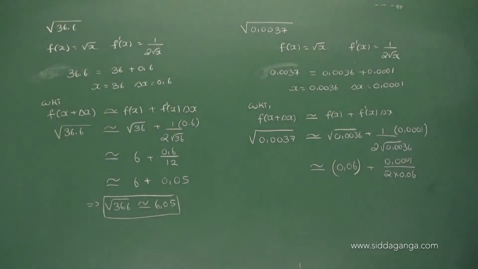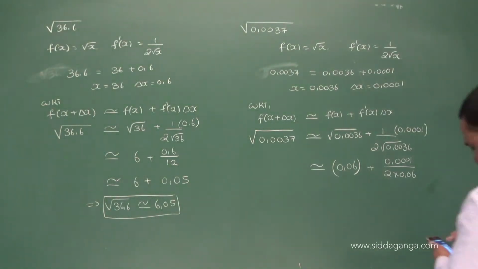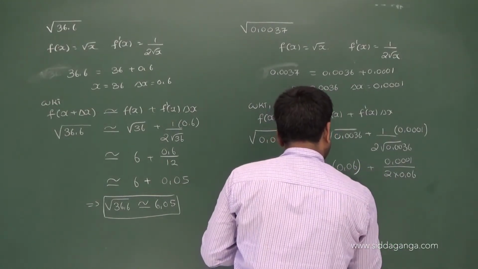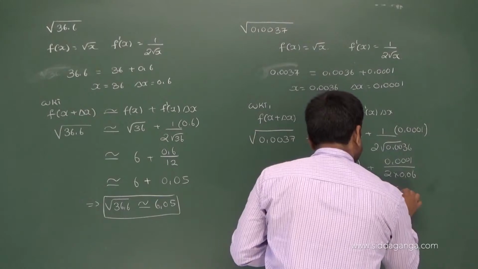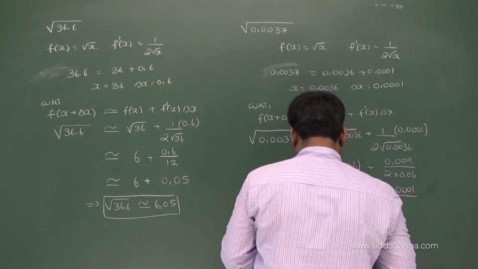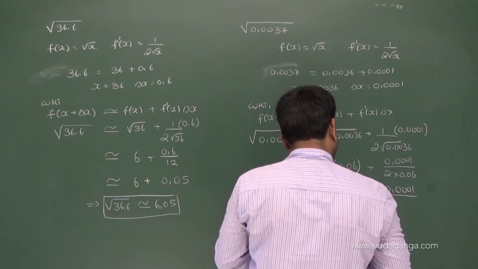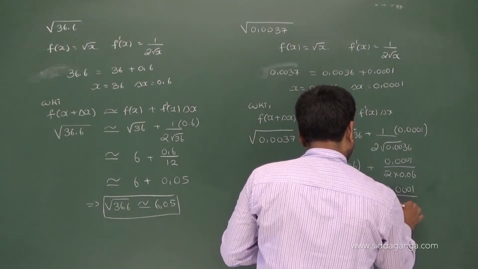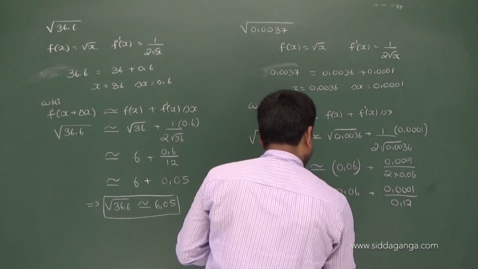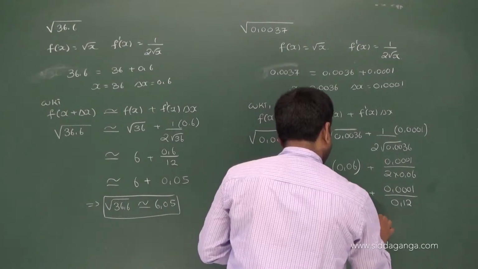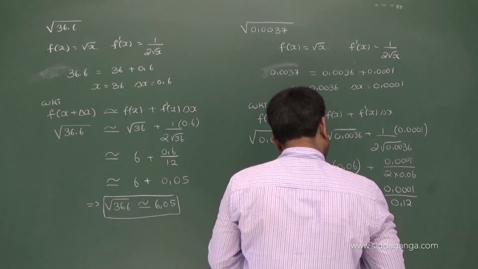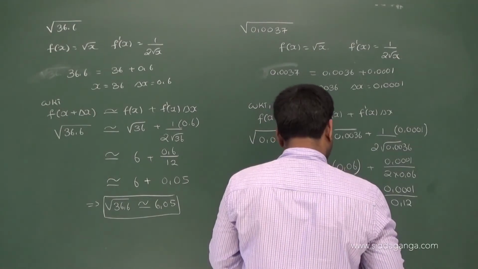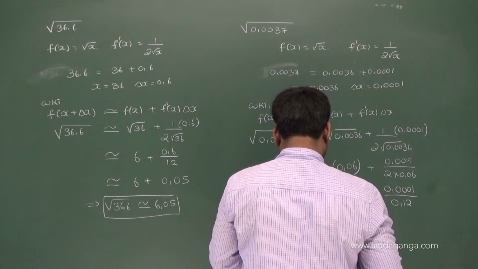Calculate it. 2 into 0.06 is 0.12. So 0.06 plus, we divide 0.0001 divided by 0.12.